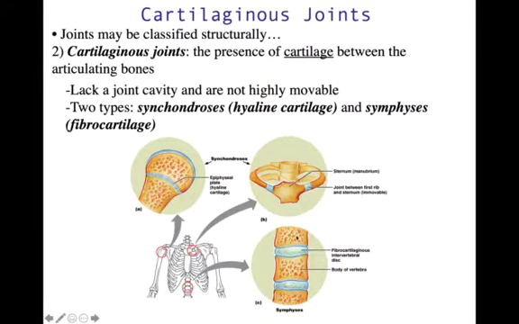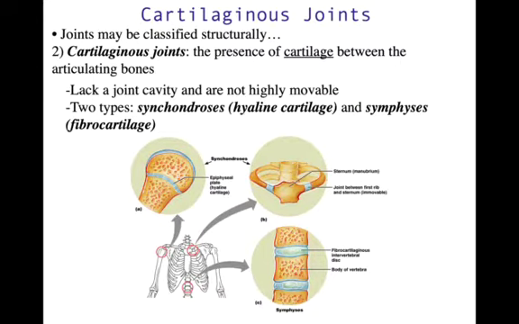Now, between the vertebrae we have a piece of fibrocartilage. These are called the intervertebral discs, so these would be considered symphysis. Or you remember the two coxal bones joining together? That's called the pubic symphysis.